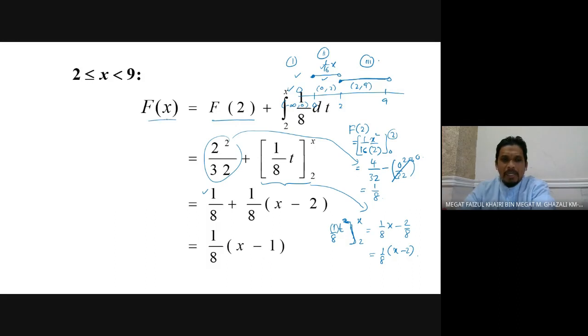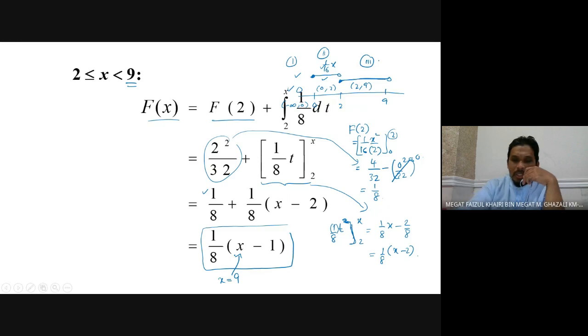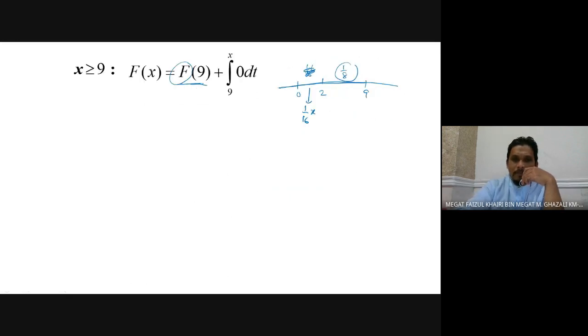F(x), x from 2 until 9. So we got 1 over 8 multiplied with x minus 1. So we substitute x with 9 here. Then we get F(9). So 1 over 8, 9 minus 1 equal to 8, plus 0.